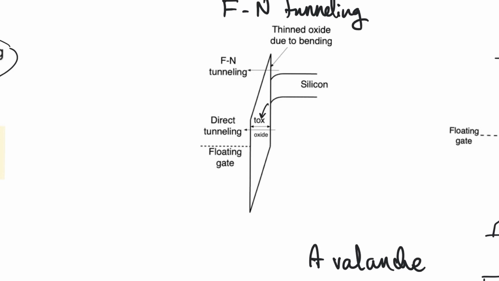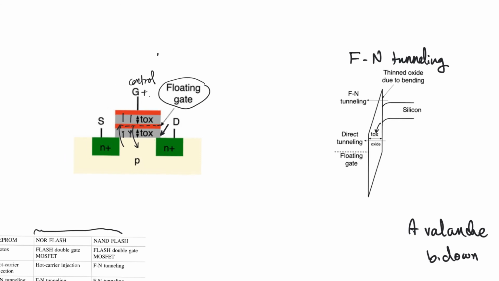So what we do here is we apply a very large vertical field. Very large vertical field is applied by putting a very large control voltage on the control gate, VPP. And so you notice that when you are programming, and in fact when you are erasing, you generally apply this huge programming voltage because you need large electric fields in order to program.